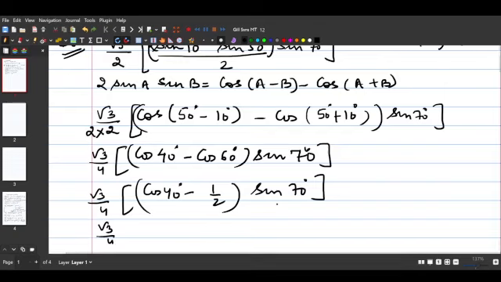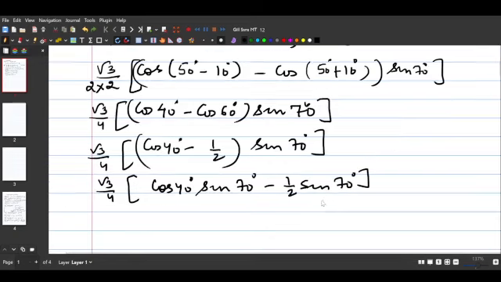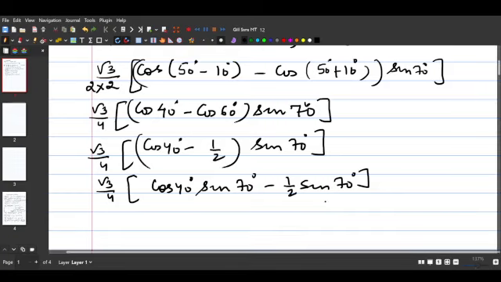We will have root 3 by 4 cos 40 sine 70 minus half sine 70 degree. And we know that in using these formulas, we should have 2 in the numerator, like 2 sine A sine B, 2 cos A sine B, or 2 cos A cos B. Again, for that we have to multiply and divide by 2.